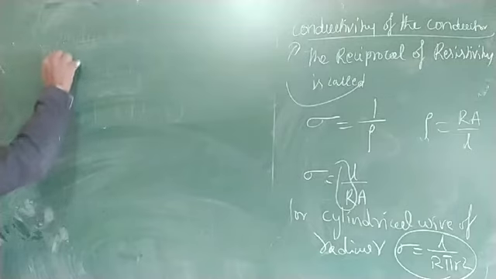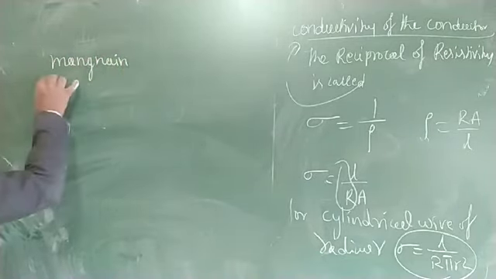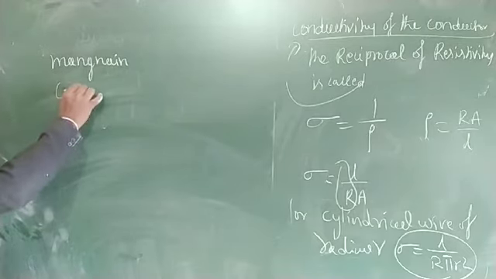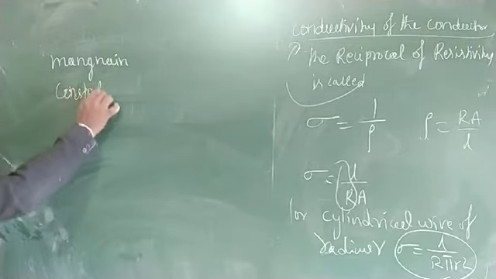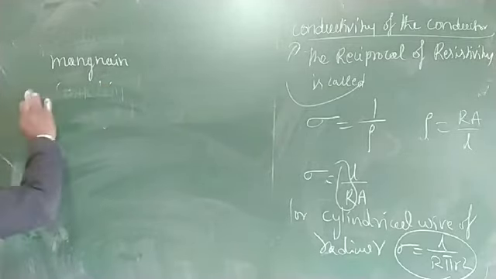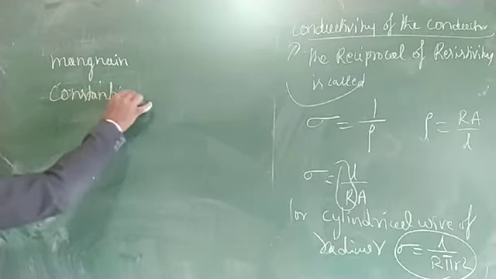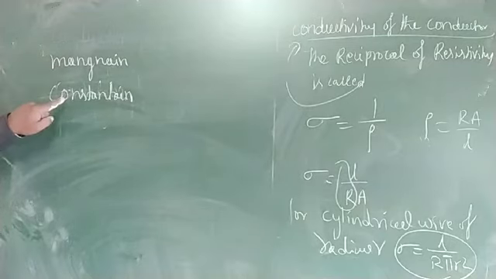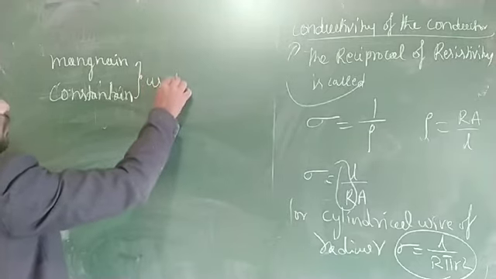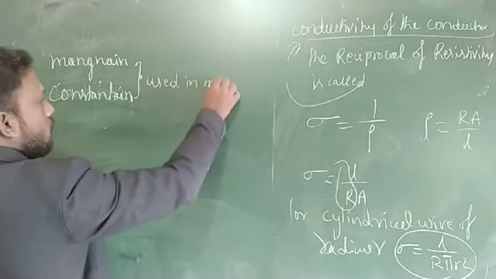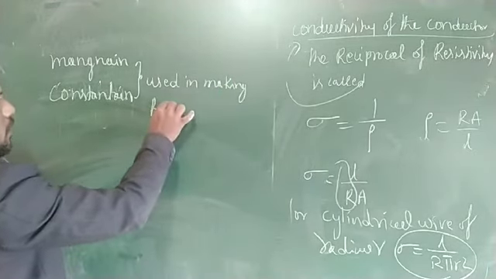Manganese and constantan are the two materials used in making the resistance.